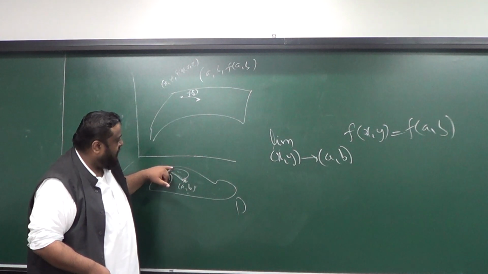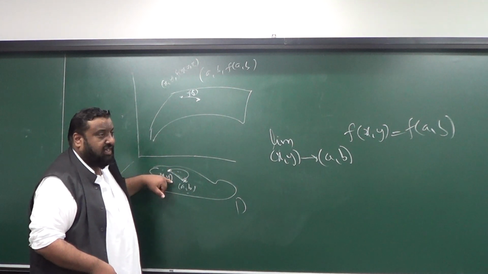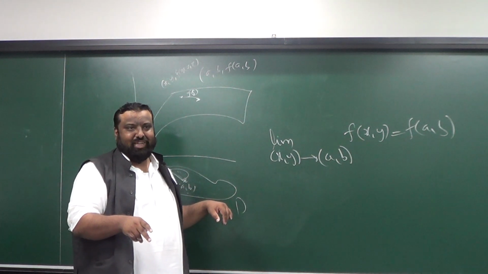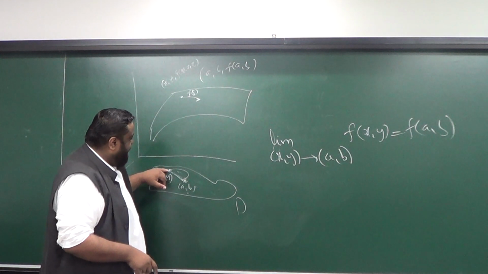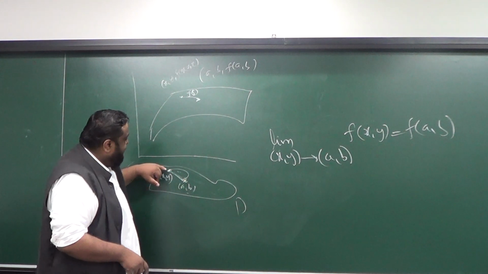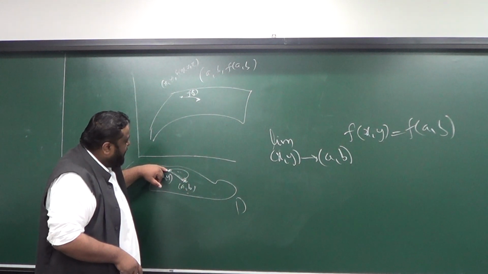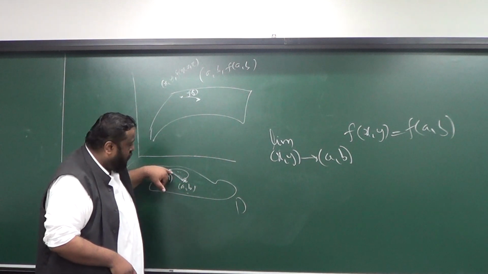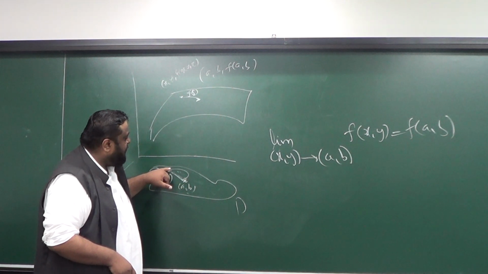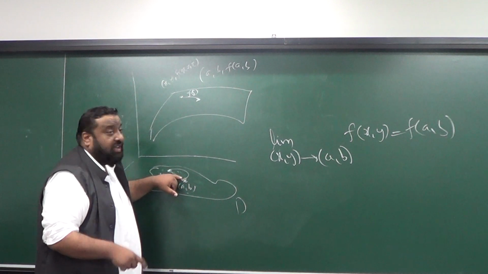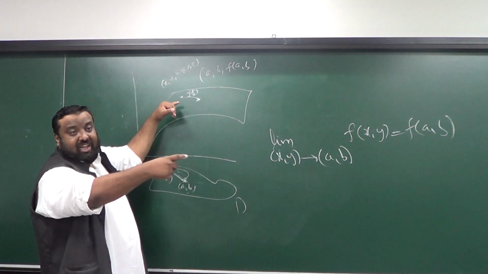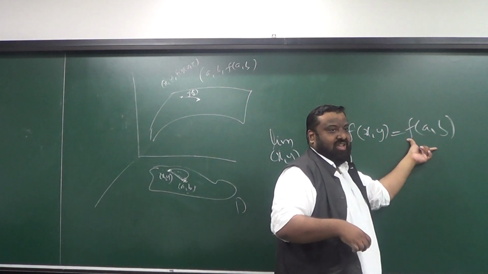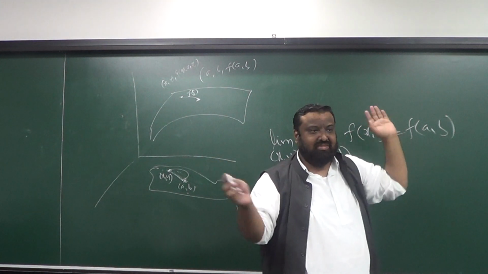So using this curve and some other curve, if I can find two curves, for example this curve and this curve, and when I'm getting closer to the point (a, b) through this curve, and I'm getting closer to the point (a, b) through this curve, and if I'm getting different outputs, if this is not the same, you will say the limit doesn't exist.